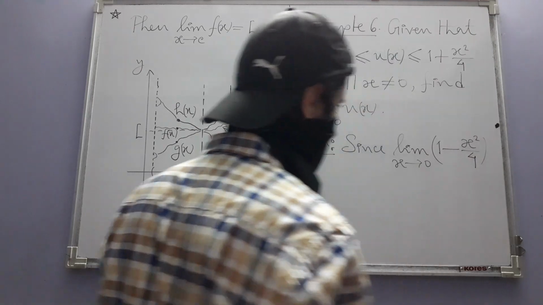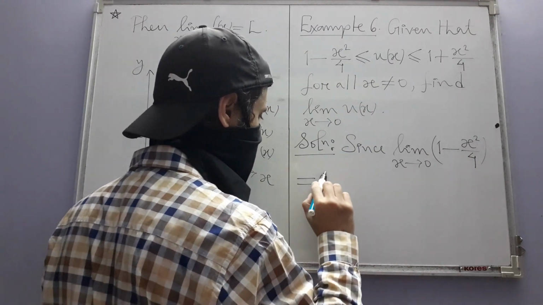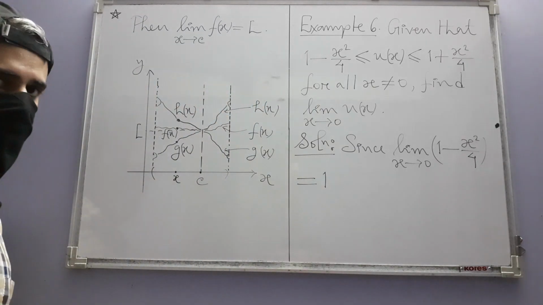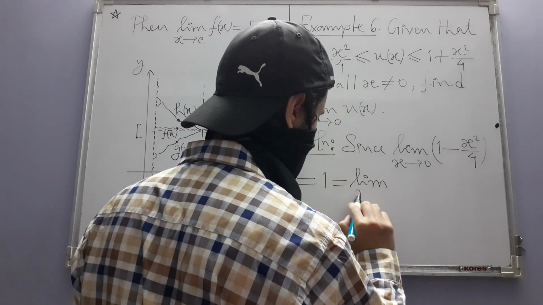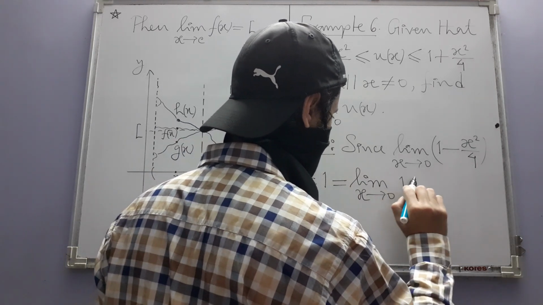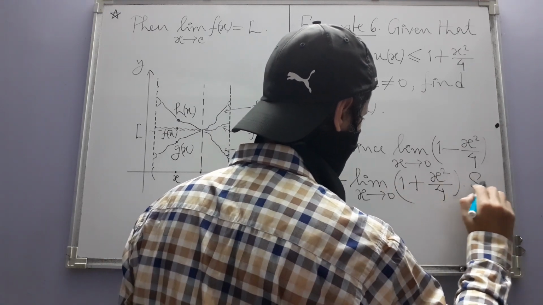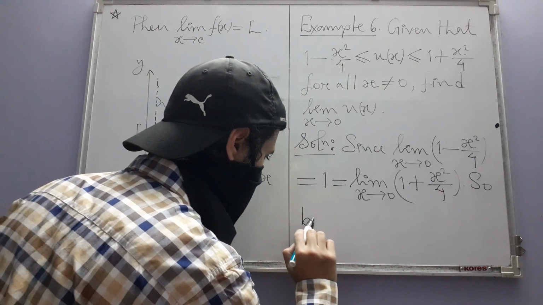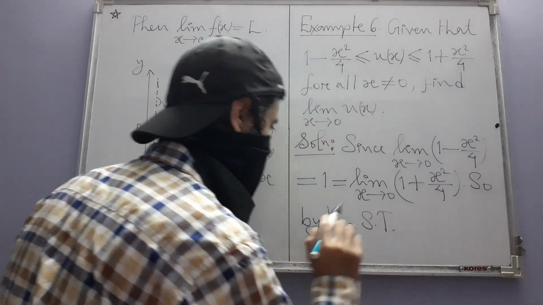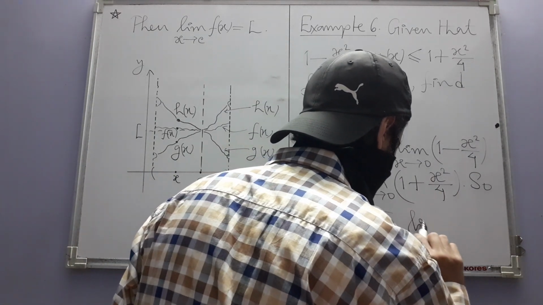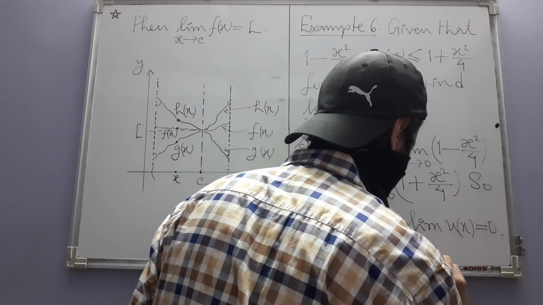Using the properties of limits from theorem 1, we can almost immediately see that this limit is 1, and so is this other limit. So by the sandwich theorem, this is also equal to 0.